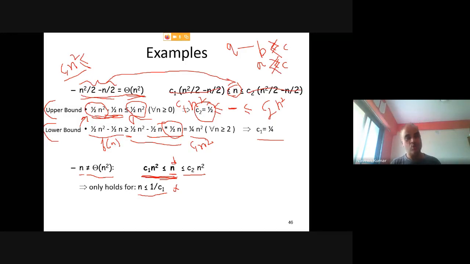So if you cannot bound it from lower side, it is not theta. Maybe you are able to bound it from upper side, but it is not bounded from lower side for any c1, right? So this inequality is not correct. So you cannot say n is equal to theta of n square.